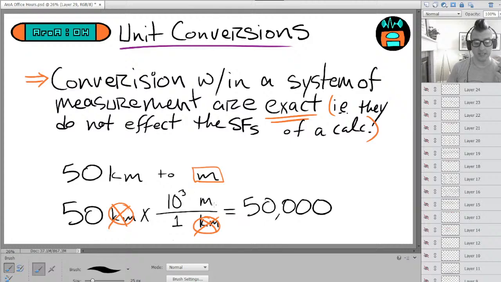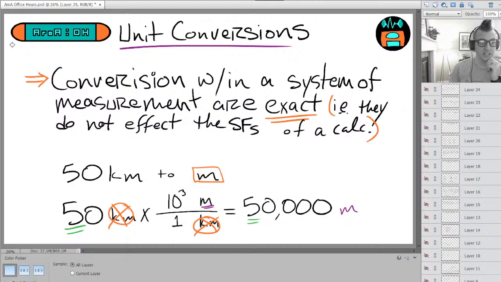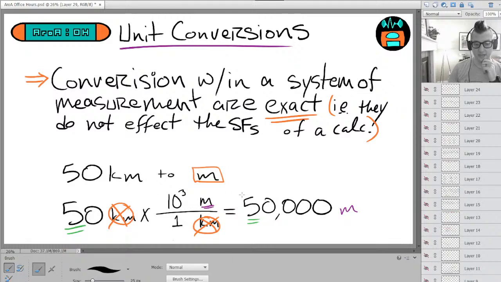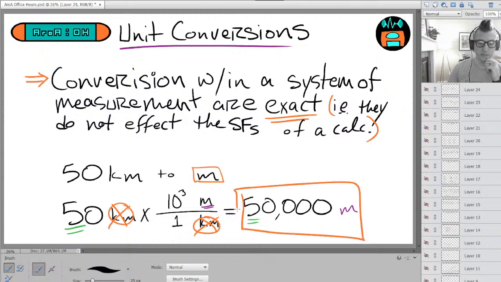There are the units, which we have right here, meters, and then there are the sig figs. You'll notice that 50 has one significant digit, and 50,000 has one significant digit. So your sig figs here are correct. So 50,000 meters is equal to 50 kilometers.